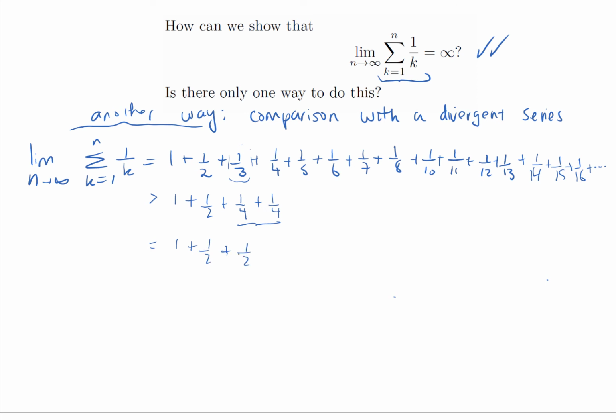And 1/5, 1/6, 1/7 are numbers that are all larger than 1/8, because 8 is greater than 5, greater than 6, and greater than 7. So we can replace 1/5 by 1/8 and say that the sum we have is greater than the sum with 1/8 instead of 1/5, with 1/8 instead of 1/6, and with 1/8 instead of 1/7.